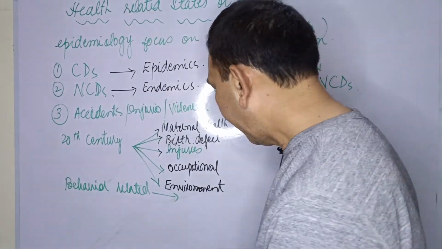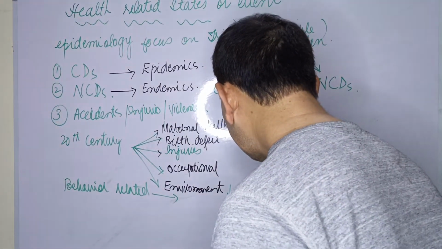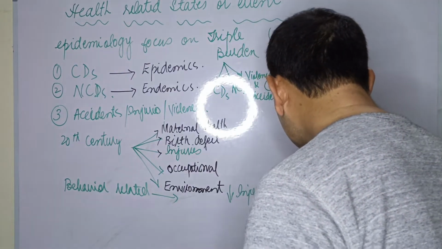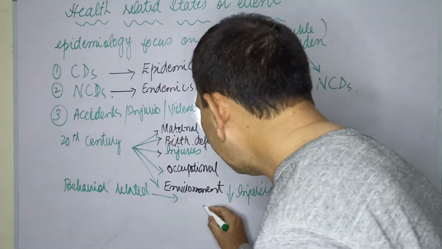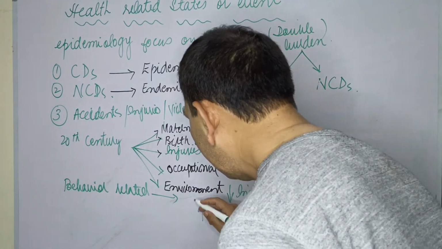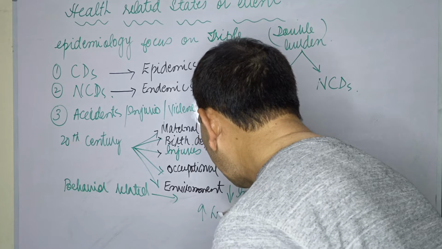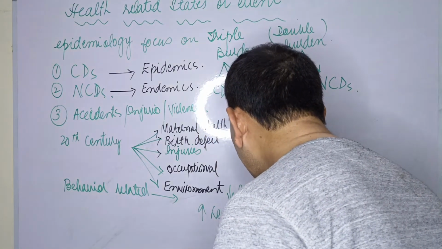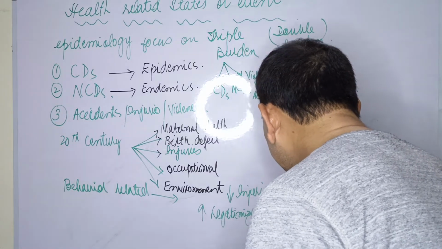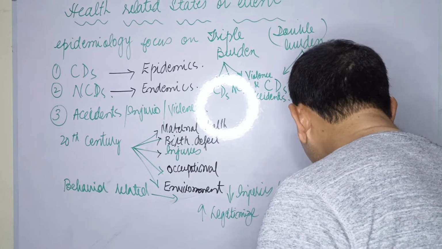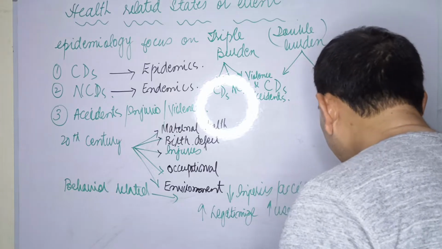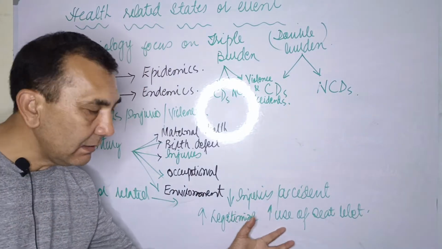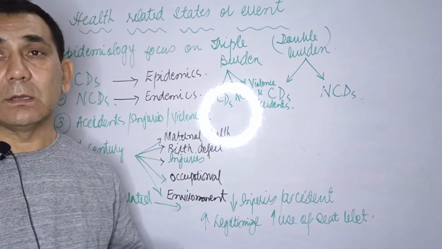For example, to decrease the number of injuries and accidents, they legitimized the use of seat belts while driving vehicles, or the helmet for bikes.